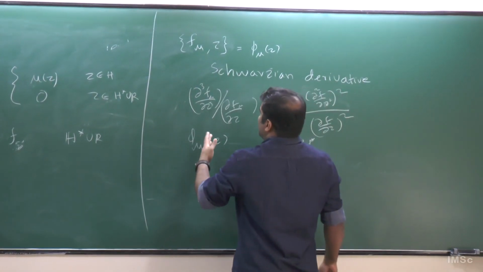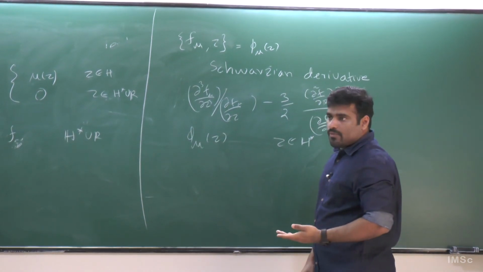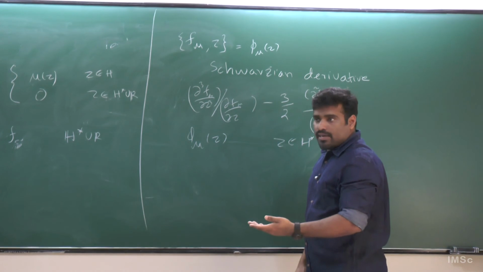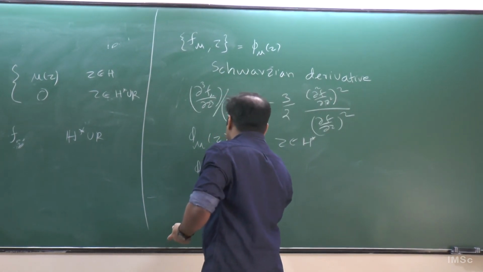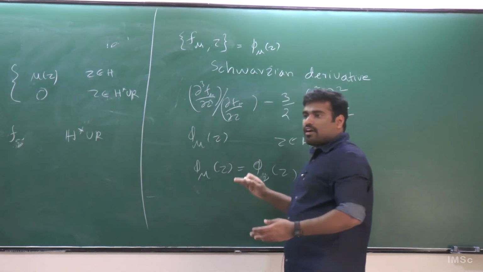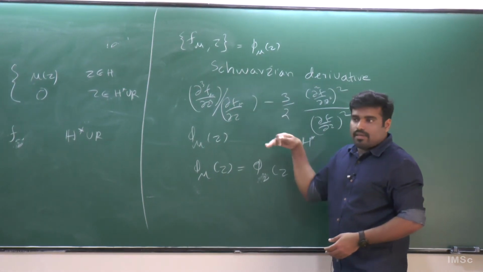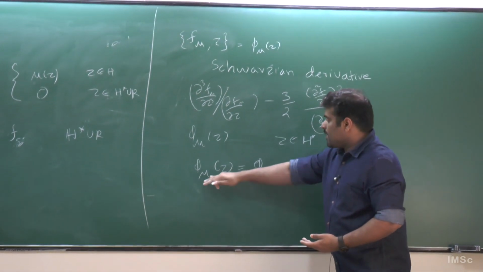Whenever I have two equivalent Beltrami differentials mu and nu, I have equal quadratic differentials on the lower half plane. On the upper half plane they may not be equal, but on the lower half plane they are equal.